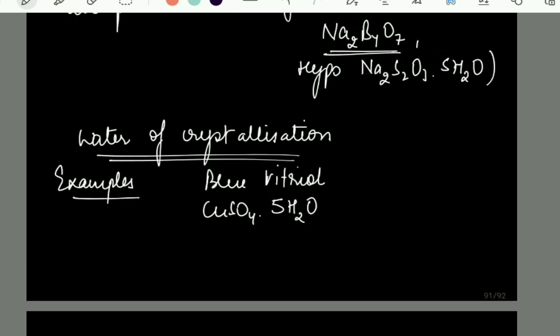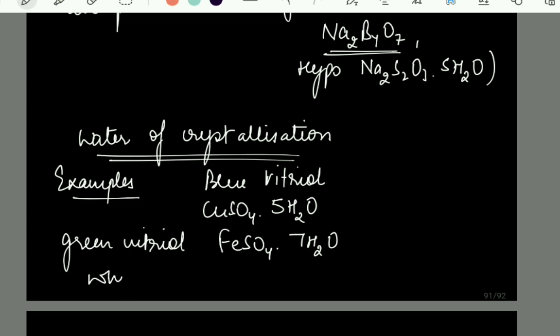Then we have green vitriol. This we discussed before. That is FeSO4.7H2O, ferrous sulfate heptahydrate. White vitriol, that is zinc sulfate heptahydrate.